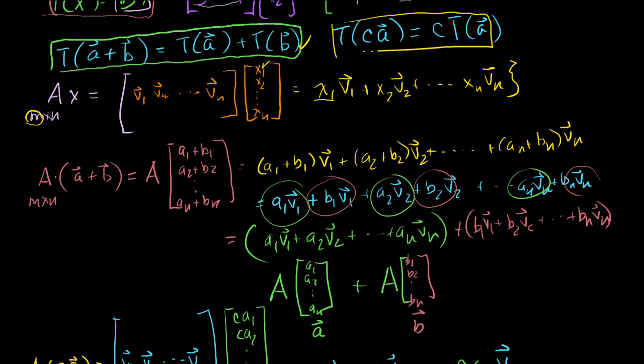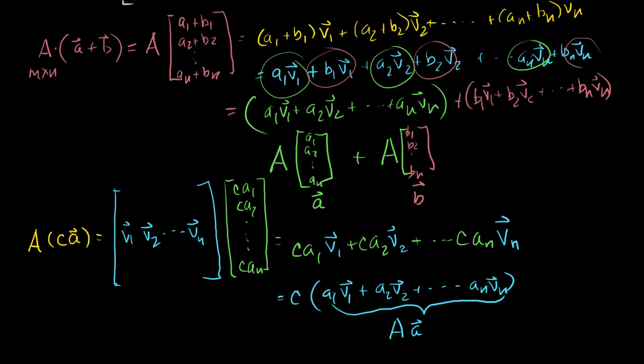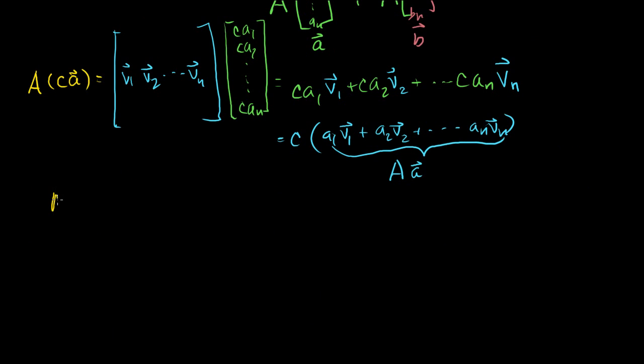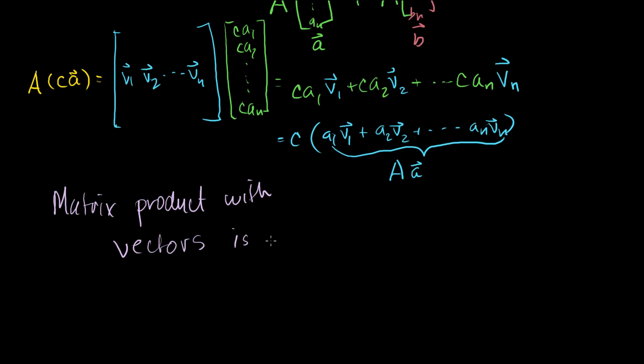So the big takeaway, and this is an important takeaway, is that matrix multiplication, or matrix products with vectors, is always a linear transformation.